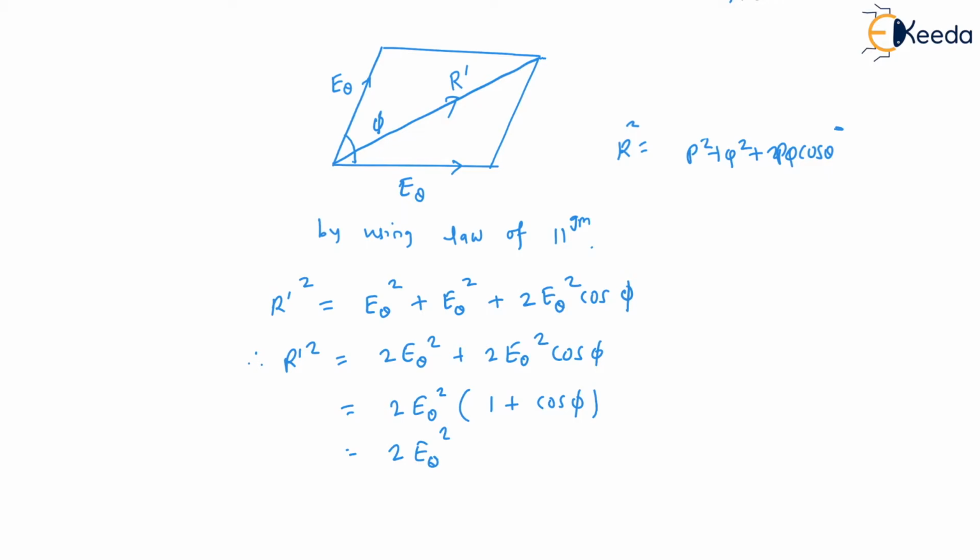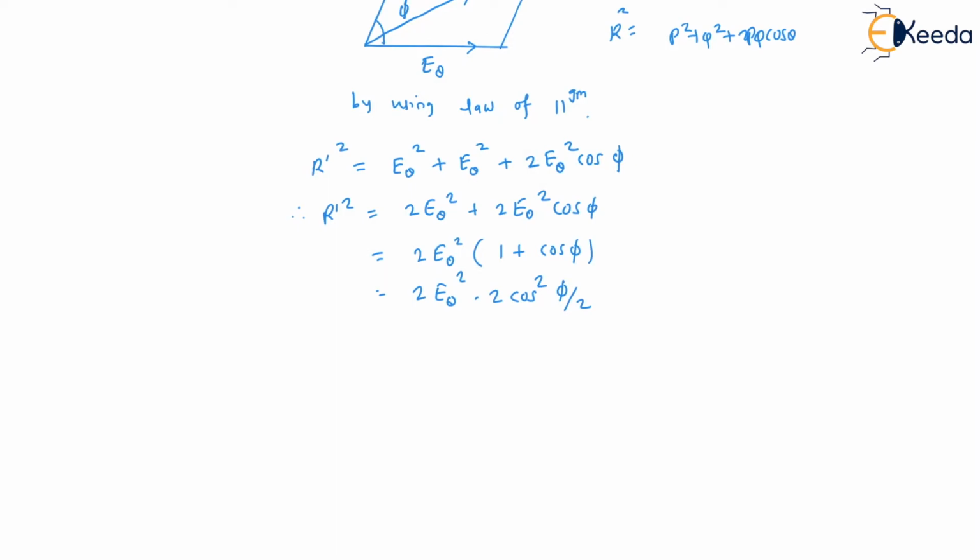Then by using the half angle formula, 1 plus cos phi is 2 cos square phi by 2. So we can write this as 4 E theta square into cos square phi by 2. This is the value of R dash square, that is, the resultant amplitude square.